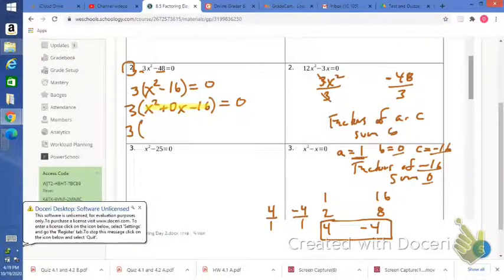Okay, so draw your parentheses. What goes first inside the parentheses? You pair that 1 with an x, so 1x or x, and then plus 4. And then I repeat with the next factor. So a 1x or x, and here you have a negative 4.